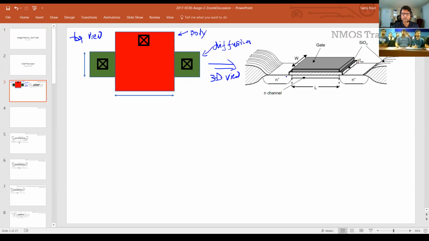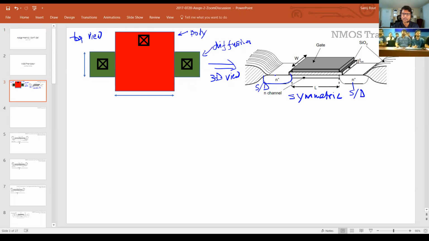Okay, so you have an N plus region, which is either a source or a drain. The reason it can be source or drain is that it depends on the bias. So they have another N plus region, which can be source or drain. One of the most important things to remember is that this device is actually very symmetric.